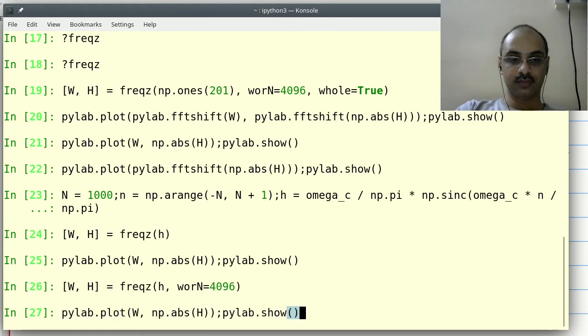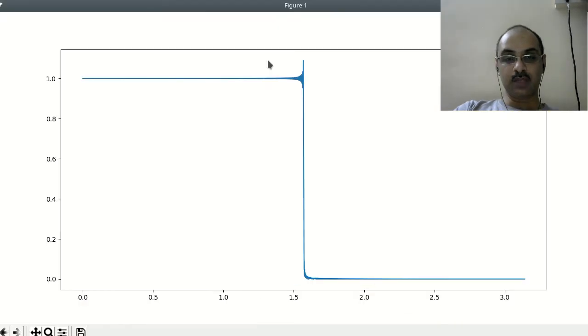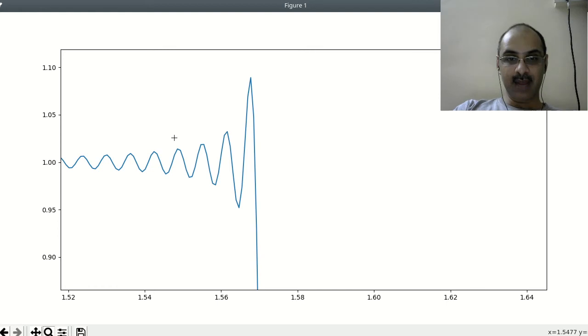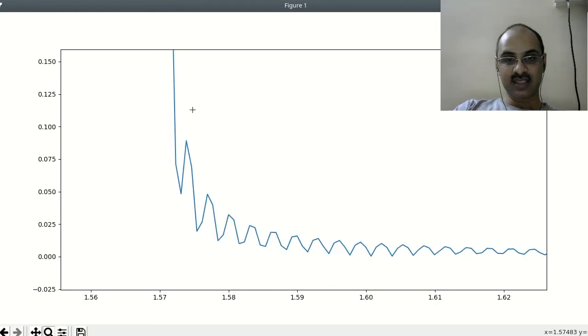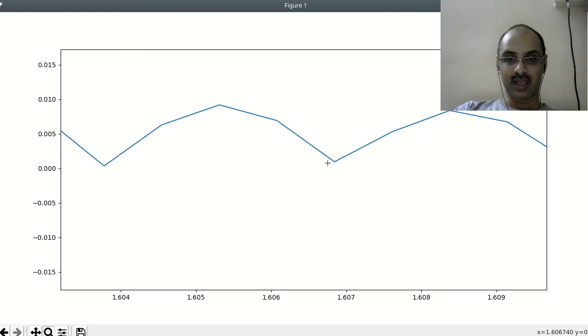Now this filter looks better, but even then, if you look inside the passband, close to the cutoff frequency, there's a ripple. Similarly, look at the stop band. There is still some extra slack happening over here. It doesn't go to 0. In fact, even here, it never goes to 0 fully. It touches 0, but doesn't go to 0 fully all the time.